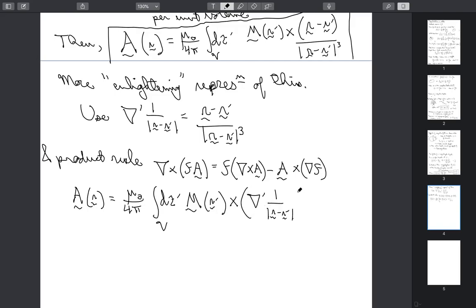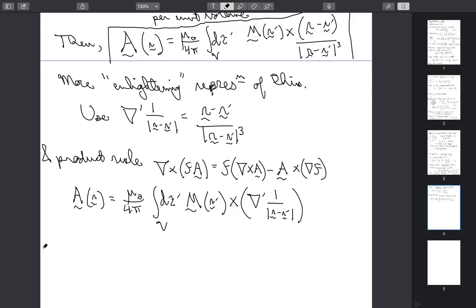Okay, if you want parentheses over this thing. So you see this looks like this term here. So I can use this identity now to rewrite the integrand and then manipulate things a bit.